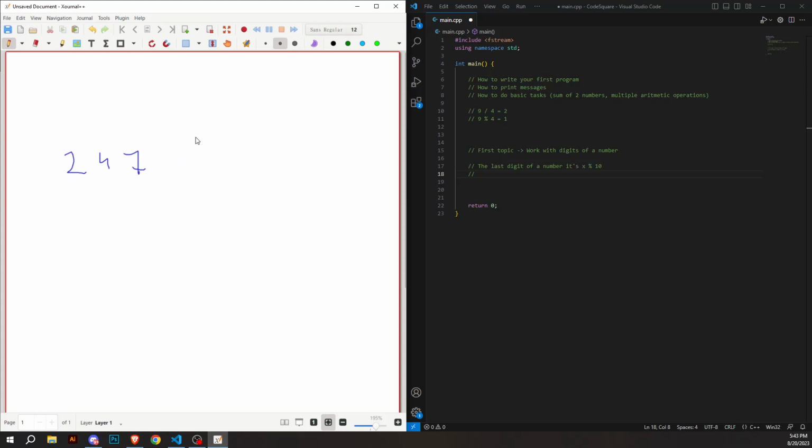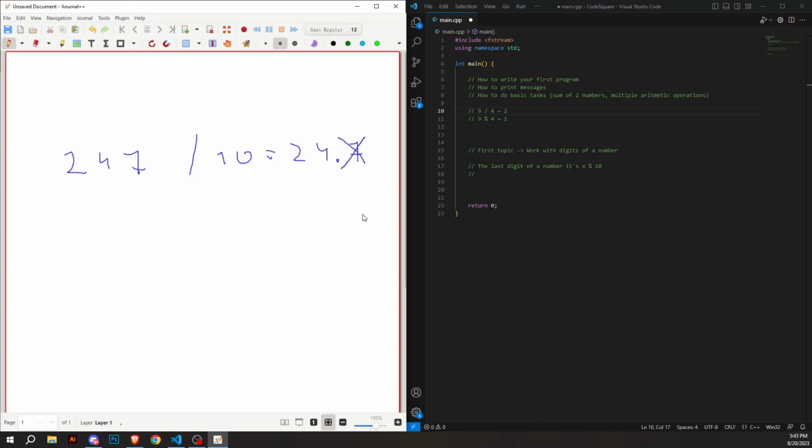If we divide this by 10, but in the classical way, not in C++, this is going to be 24.7.